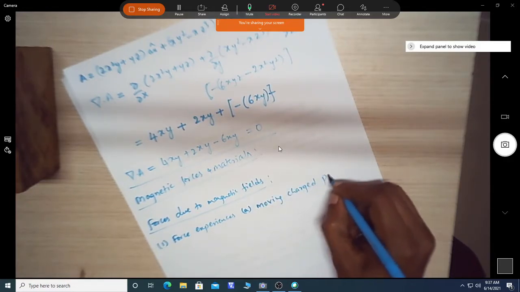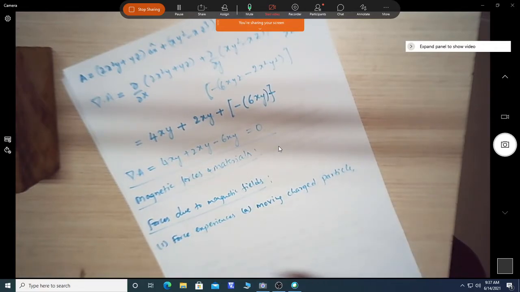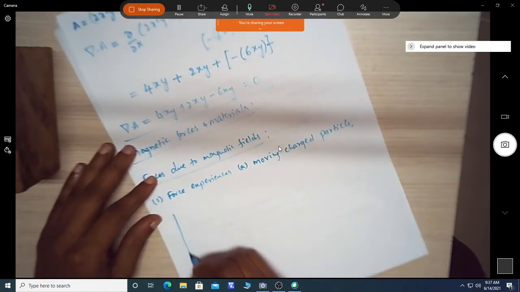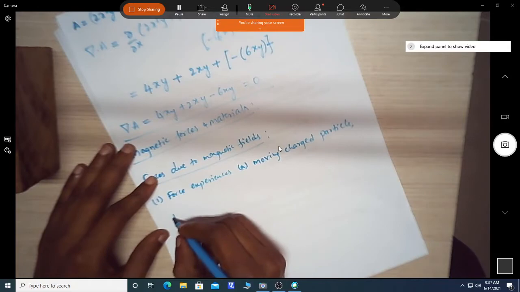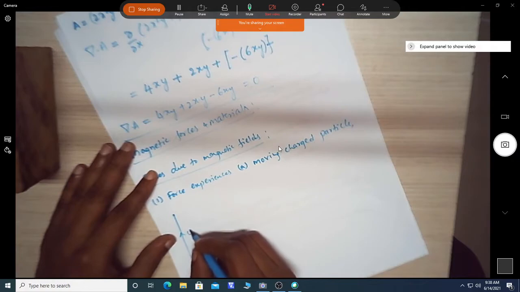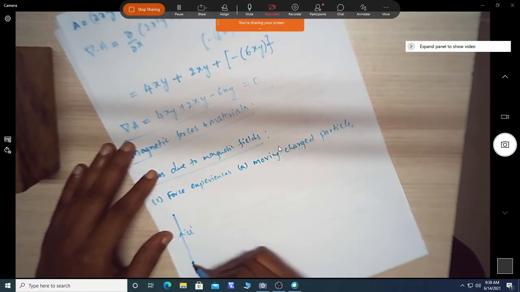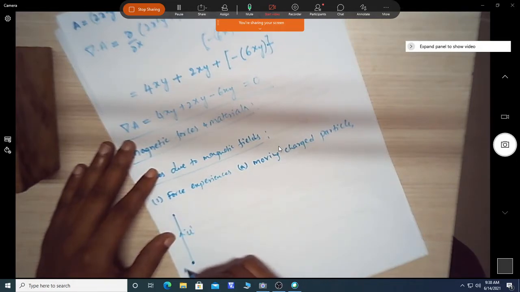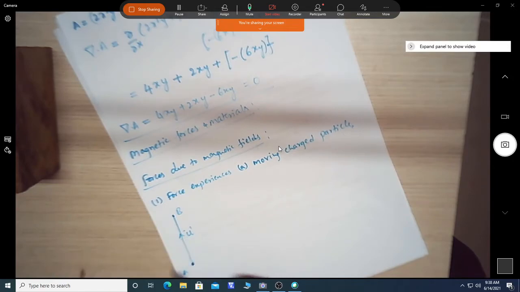So whenever a charge is moving with a constant velocity u, let us say from point A to point B, due to the magnetic field nearby this charged particle, what is the force experienced by the moving charged particle in the magnetic field B, or magnetic flux density B?